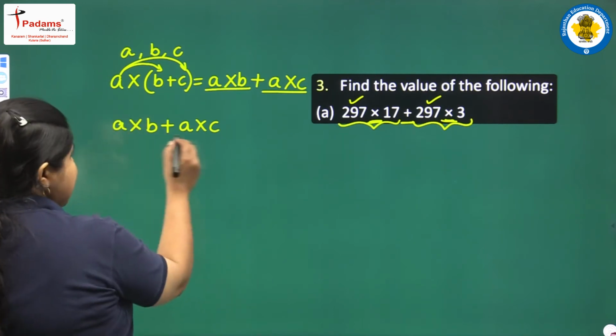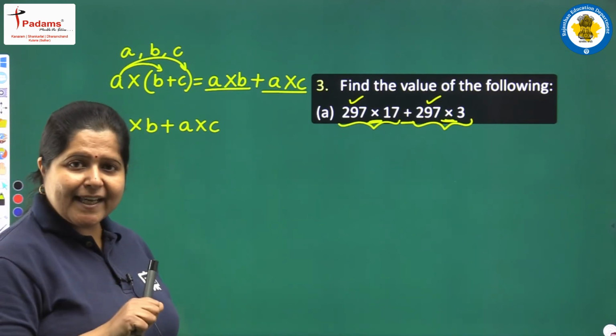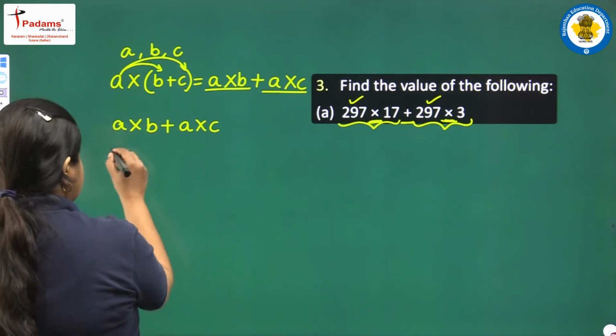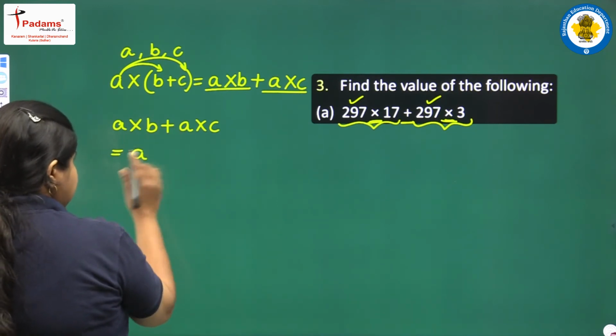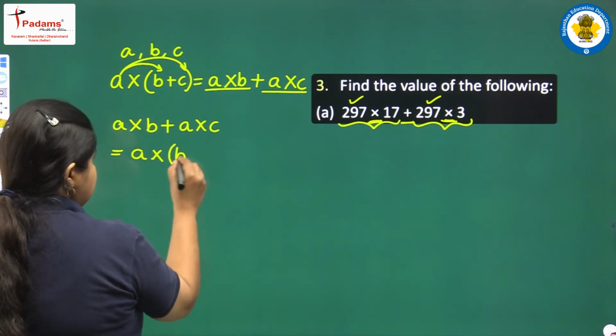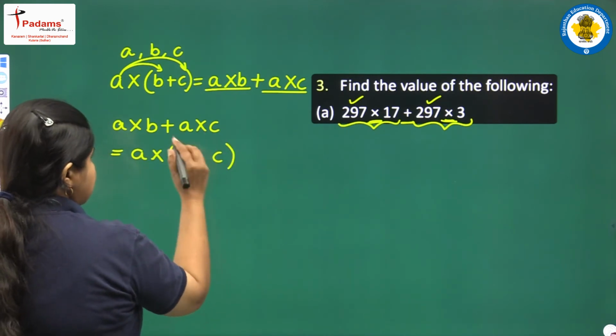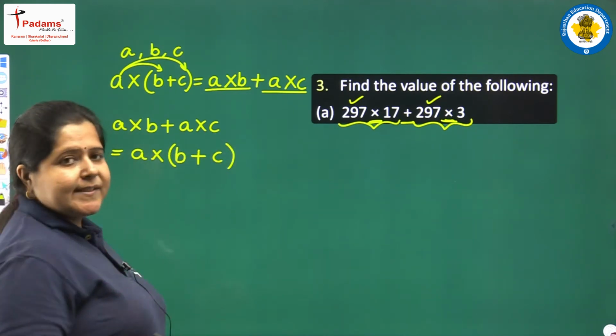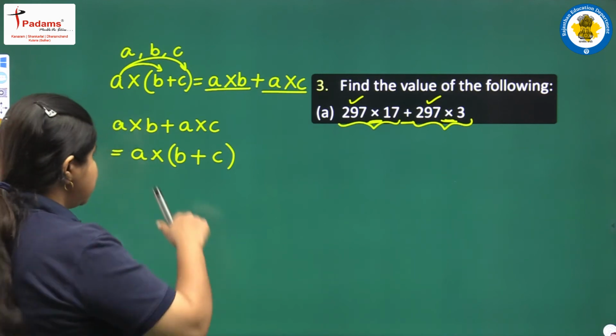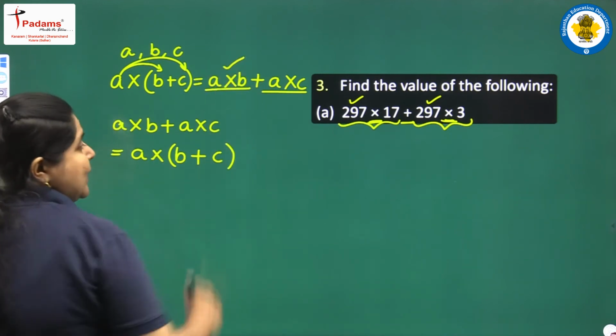Similarly, here this a has been distributed to b and c, and now we will collect it back. Take it outside and this b and c will remain separately in this bracket. This is the reverse process of this one.